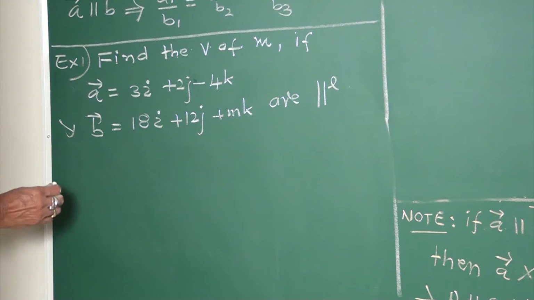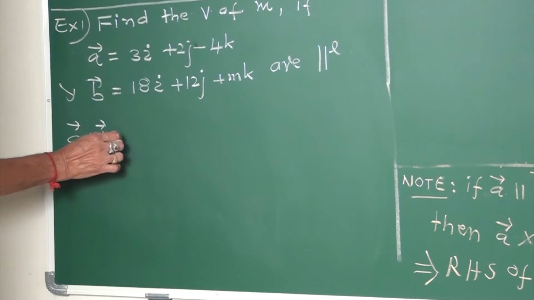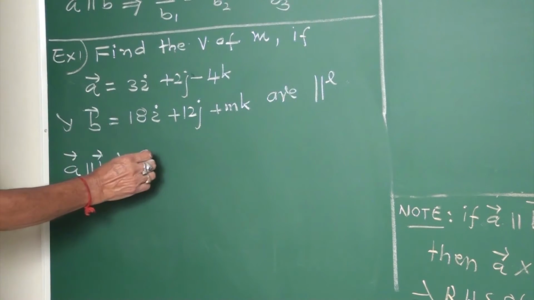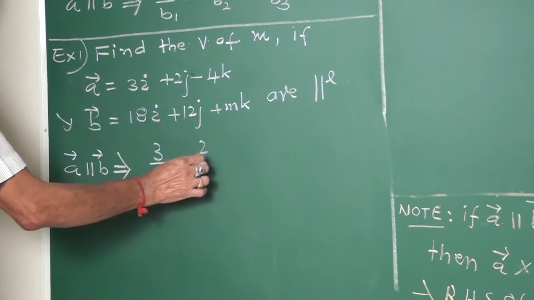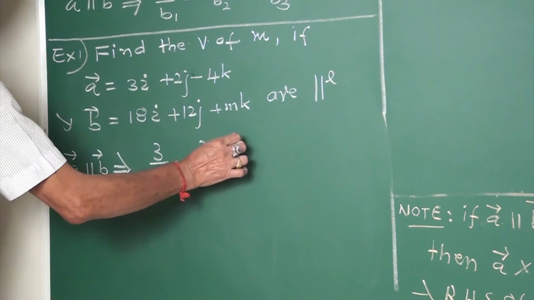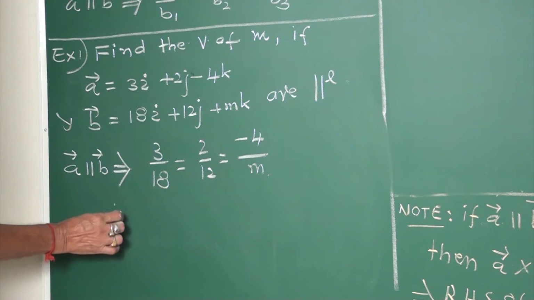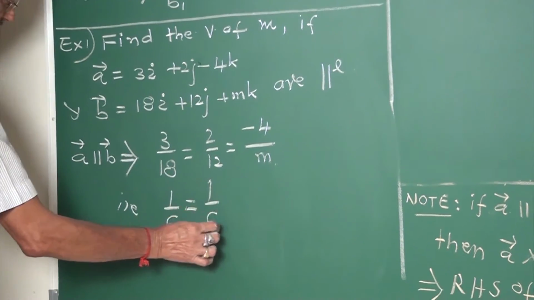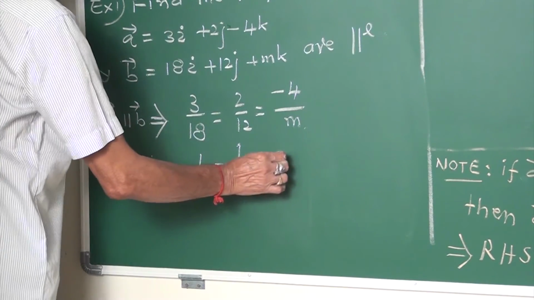Yes, my friends, what is given? Vector A is parallel to vector B. This implies A1 upon B1, 3 upon 18 equal to 2 upon 12 equal to minus 4 upon m. That is, 1 by 6 equal to 1 by 6 equal to minus 4 upon m.